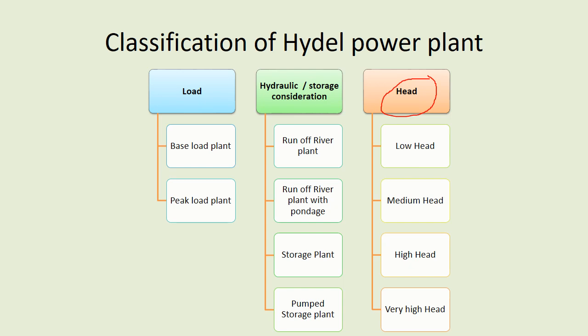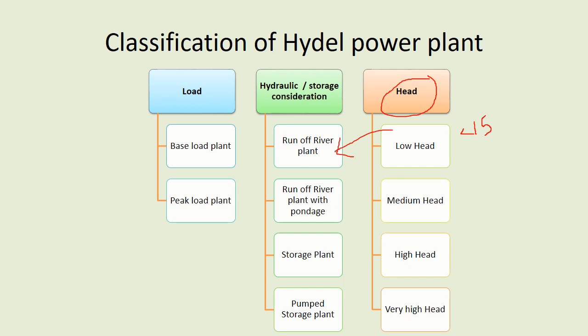If the water level is less than 15 meter, it's a low head dam. Now here in a low head dam, we usually prefer the Kaplan turbine, and these are generally run-of-river power plants, preferred for run-of-river plants.